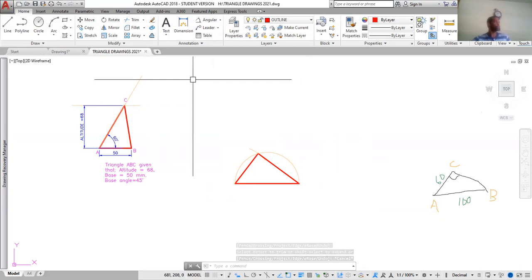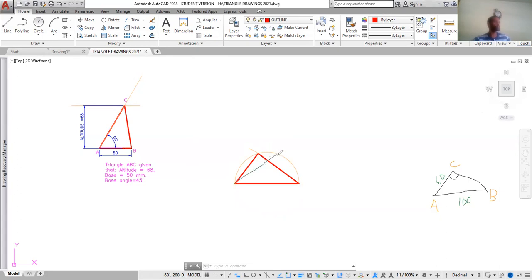A theory that you must be mindful of is that the rule states that any triangle that is formed in a semicircle, the angle is always 90 degrees. They share the same base. So we start here, go there.